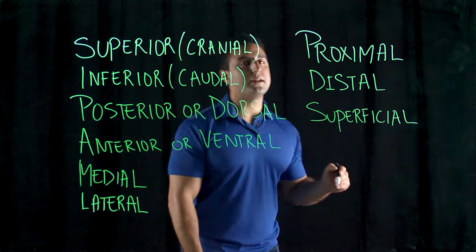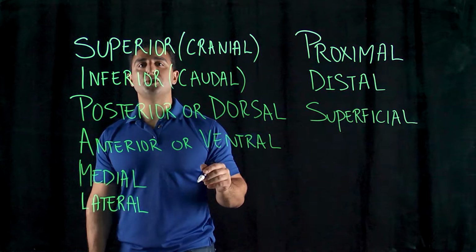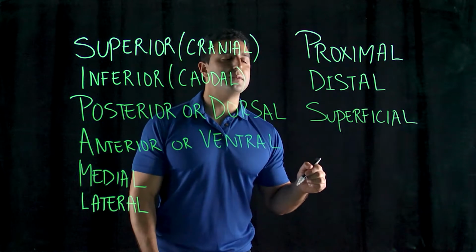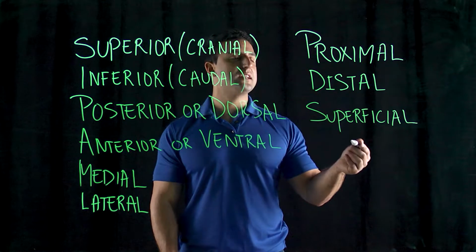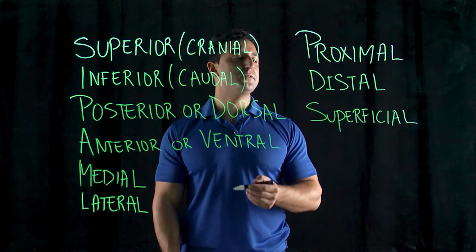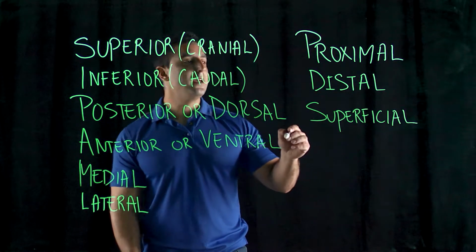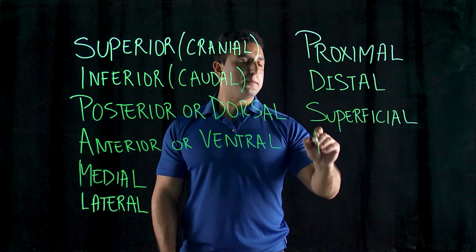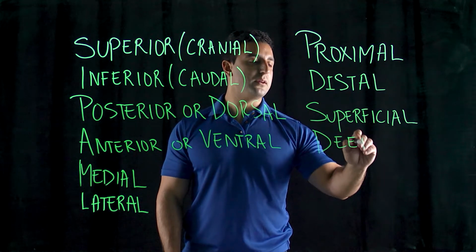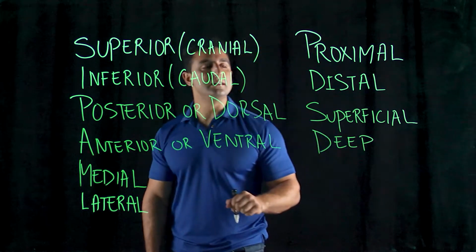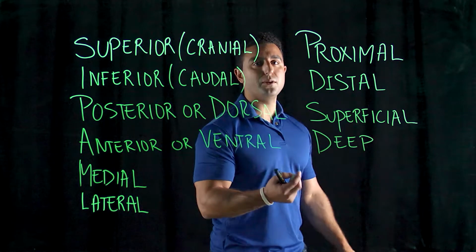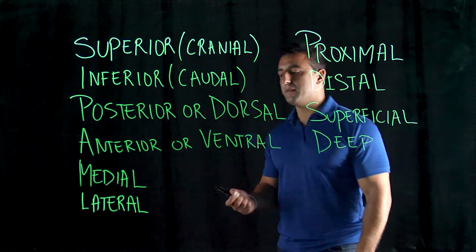So if I were to ask you, the skin is superficial to the what? Any kind of system, right? The skin is the most superficial region. So it's superficial to the bones or superficial to the nervous system, okay? And the opposite, away from the surface, is referred to as deep. So the muscular system is deep in relationship to the skin, or the integumentary system, here.